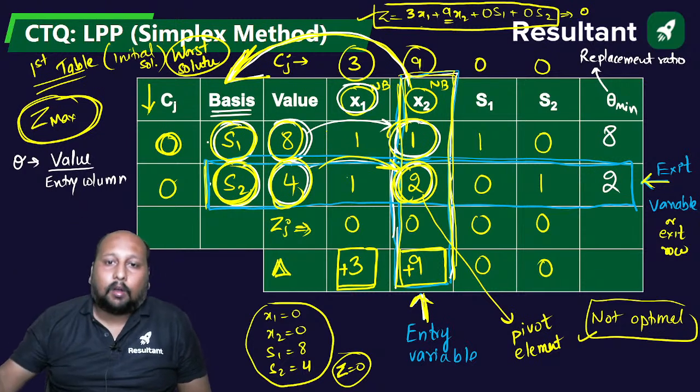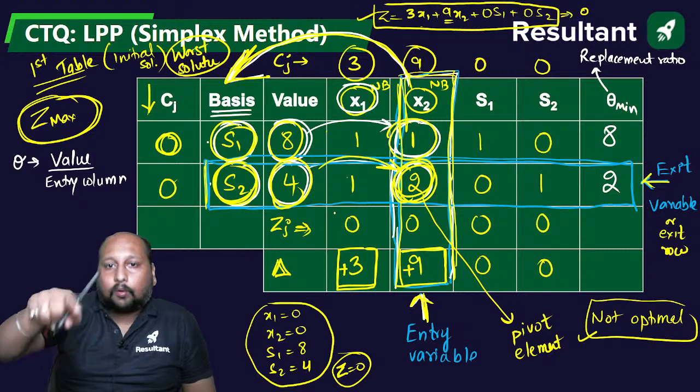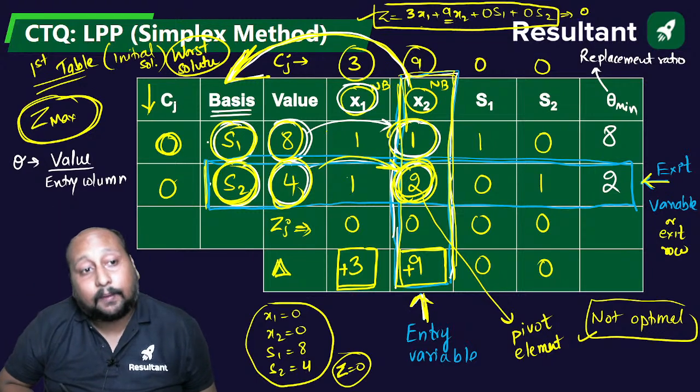The intersection of the corresponding row and column, that element we call it as the pivot element.